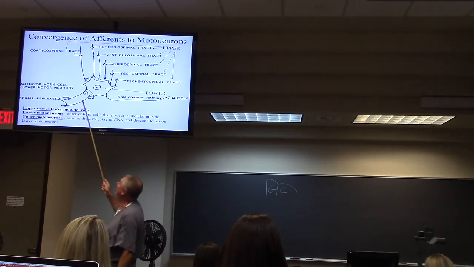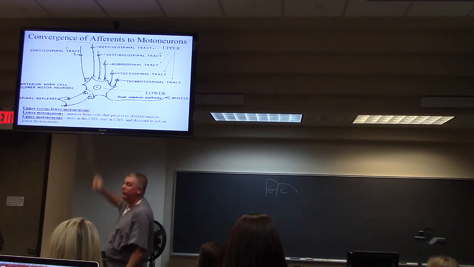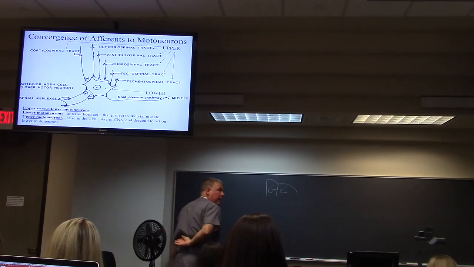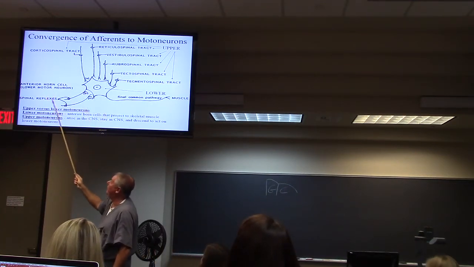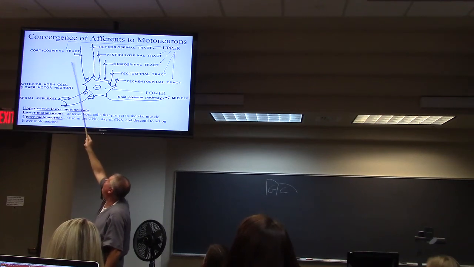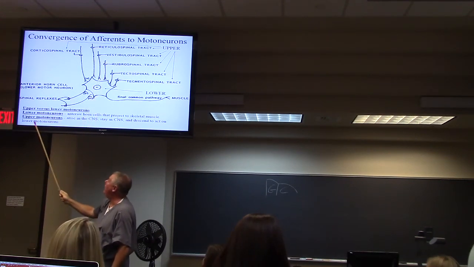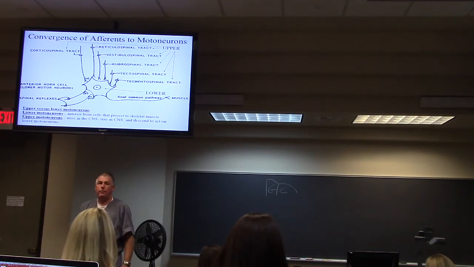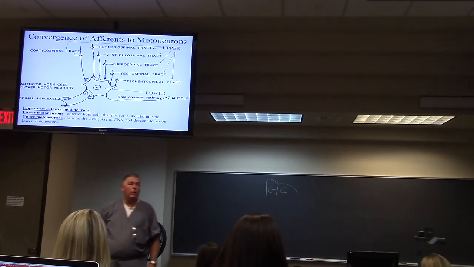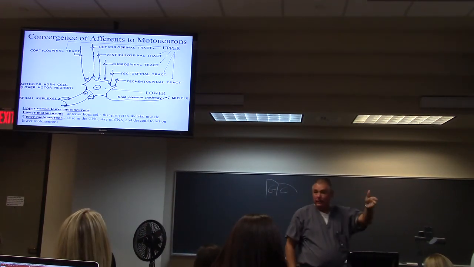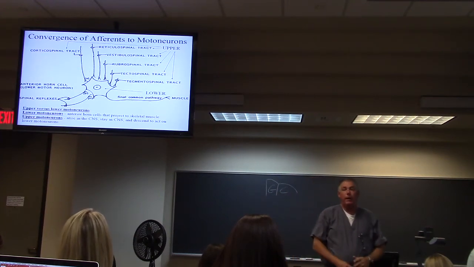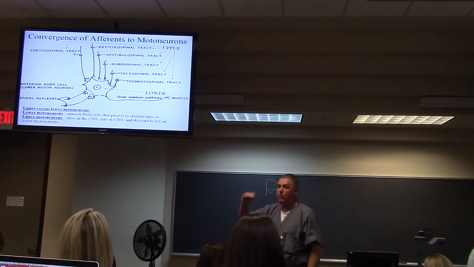If you lesion all of this stuff up here, like if you have a transection of the spinal cord up here, you're cutting all that descending input below there, right? You call all of that up here, not the spinal reflexes because they're local, the upper motor neuron. All right? So keep that in mind. If you lesion the alpha motor neuron or its axon, that's a lower motor neuron lesion. If you lesion anything above it, that's an upper motor neuron lesion.